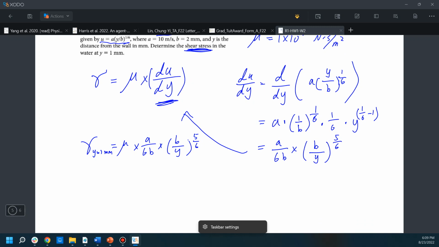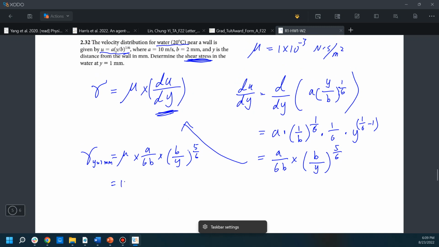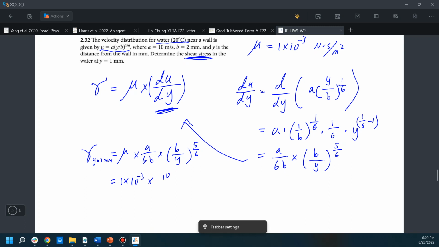now we can start to plug in the values. For the viscosity it is 1 times 10 to the minus 3, times a is 10 meter per second squared, divided by 6 times b, and b is 2 millimeters, but we want to use the unit of meter, so it is equal to 0.002 meter.